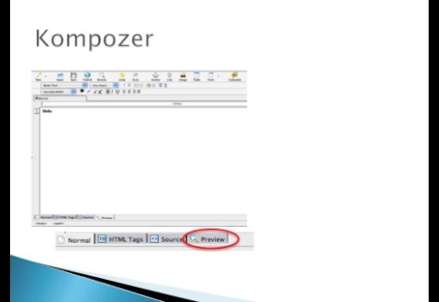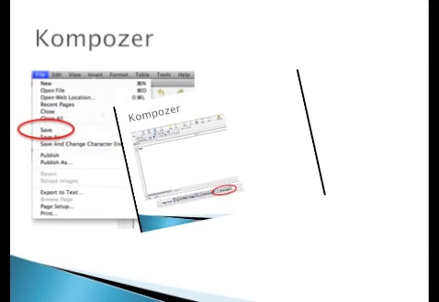Later on, I'll also show you how to actually load your pages into a browser so you can see specifically how they will look. So these 4 tabs provide you with the ability to enter information, and then if you like, to see the code that's created after you've created your web page.